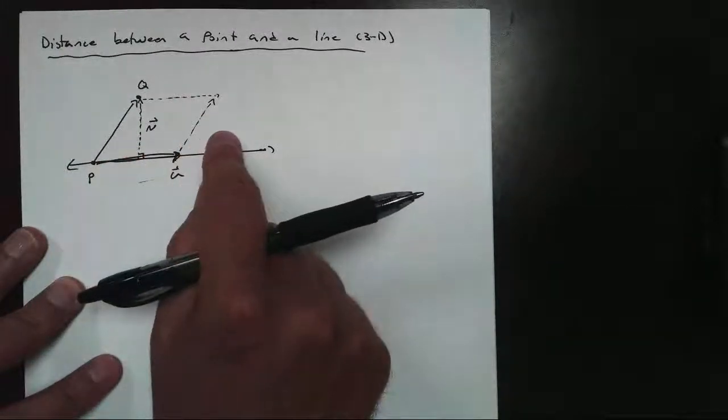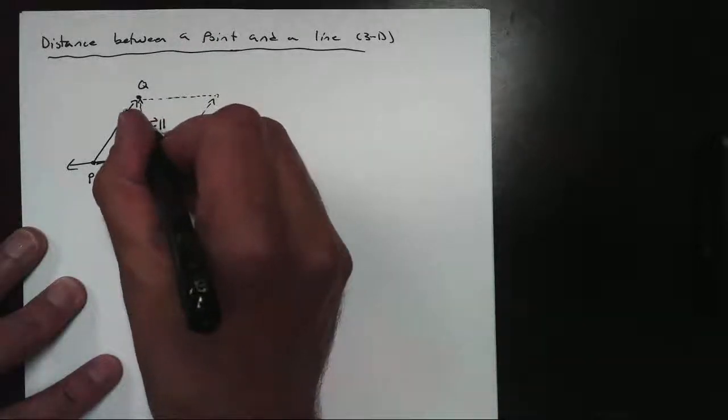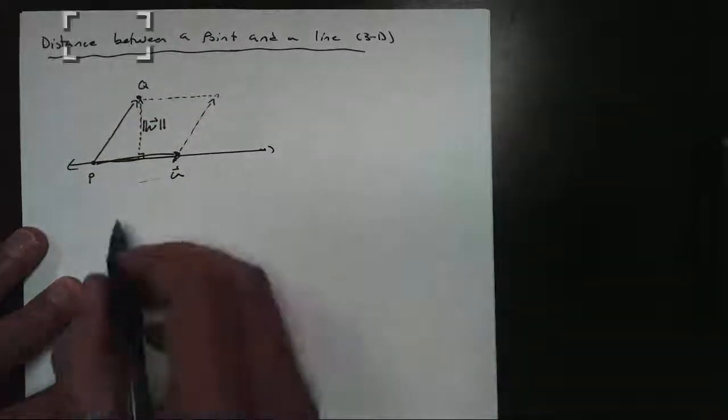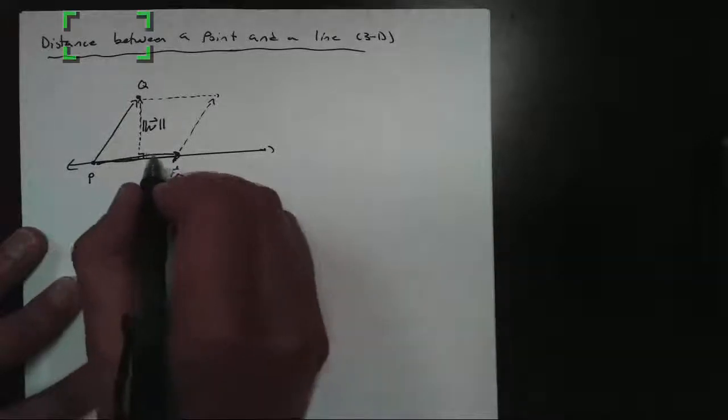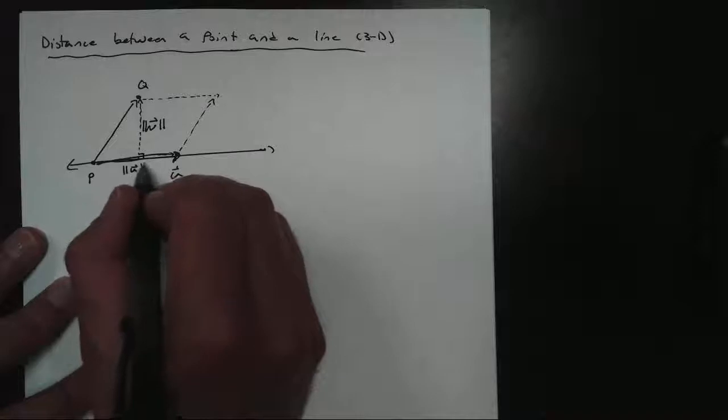Now this parallelogram has a height equal to the magnitude of our normal vector, and the base of our parallelogram has the magnitude of u.